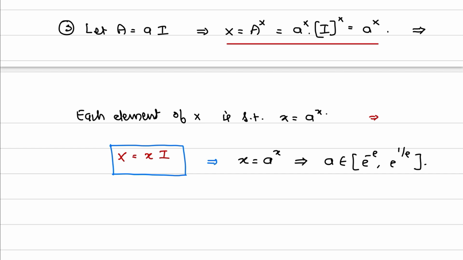And let us take A is equal to something like any scalar we can take in between e to the power of minus e and e to the power of 1 by e. What is e to the power of minus e?